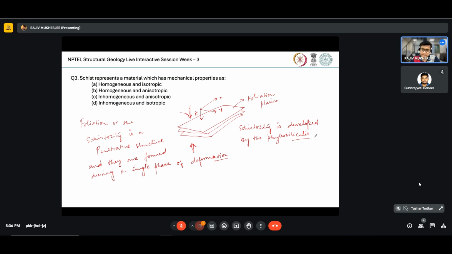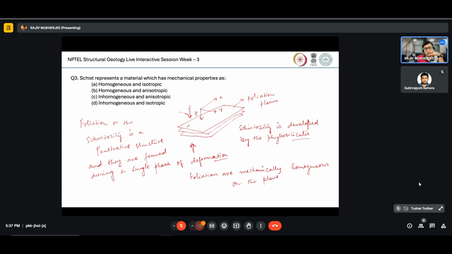So foliations are mechanically homogeneous on the plane, right?